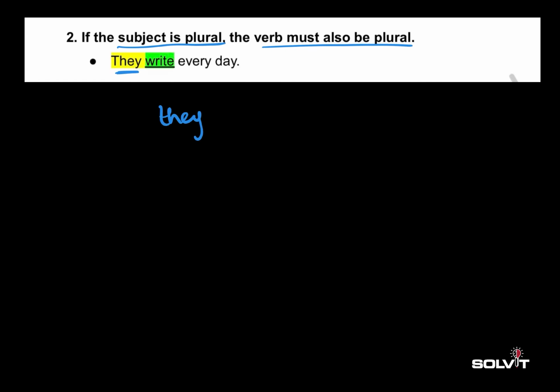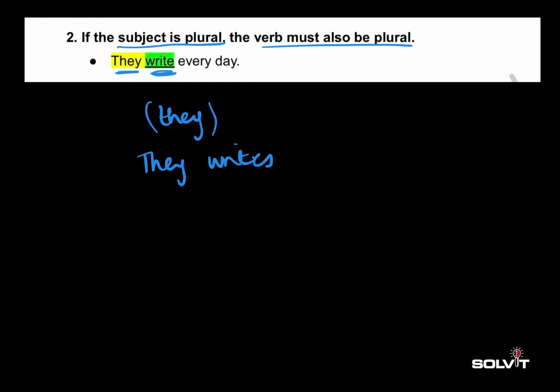When we're talking about plural or when we don't know someone's gender, okay? But right now we're talking about it in the plural sense. So our subject is plural and hence our verb will also be plural, okay? So the sentence, "They writes every day" is incorrect because I'll just write this down.